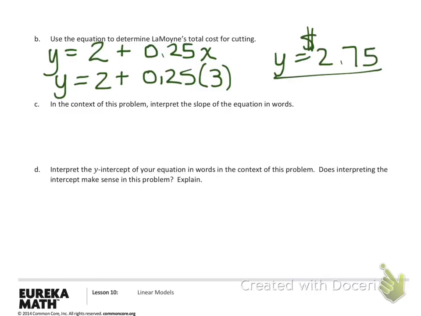Not too hard for us to have figured out on our own without a function, but if you wanted to program this, once again, you would need to know the function. Now interpret the slope of the equation in words. What is the slope of that equation and what does it mean? 0.25 or 25 cents is the slope.